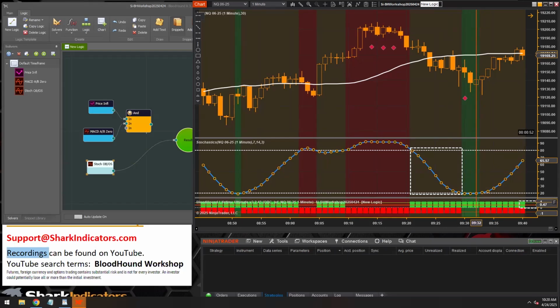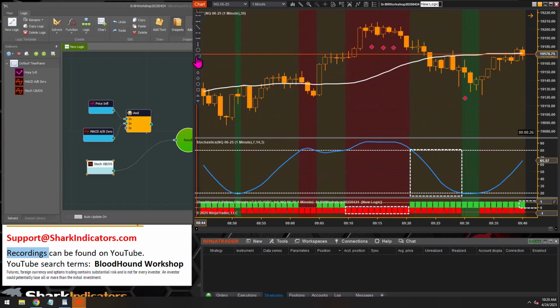But if the goal is to make sure there's no possibility of any signal in any direction when the stochastic is overbought or oversold, and we only want to allow signals when stochastic is in the middle, then we have to remove this short output, and we have to remove this long output here. So make sure there's no output at all when it's overbought or oversold.